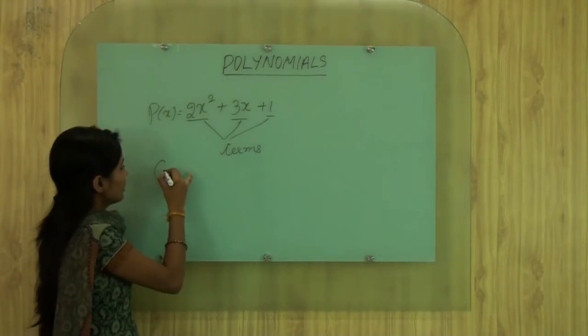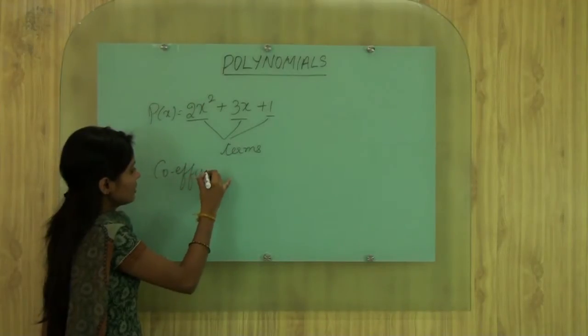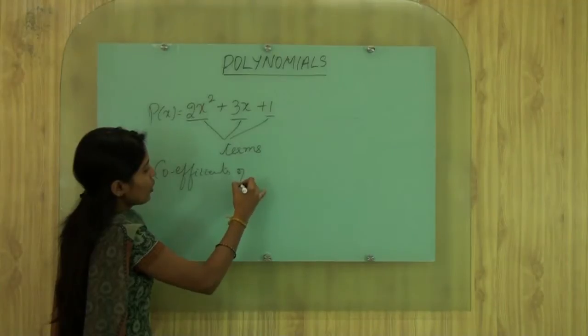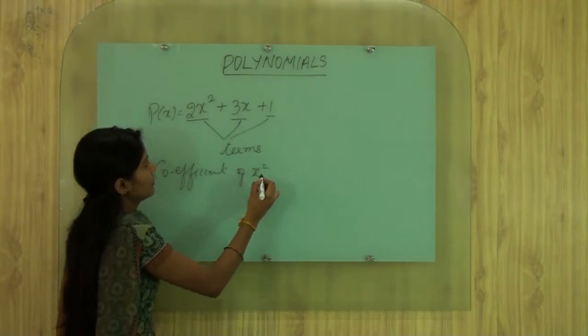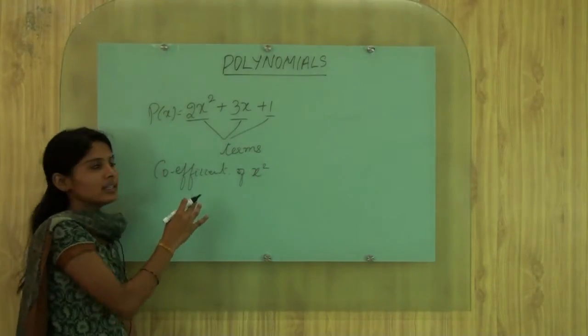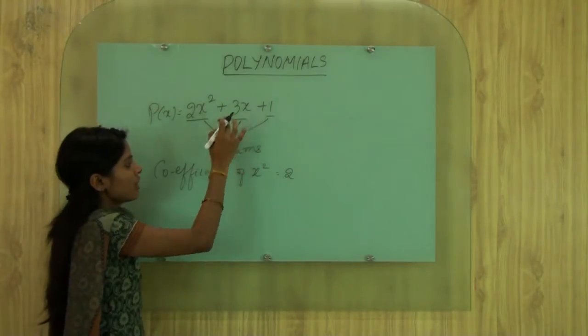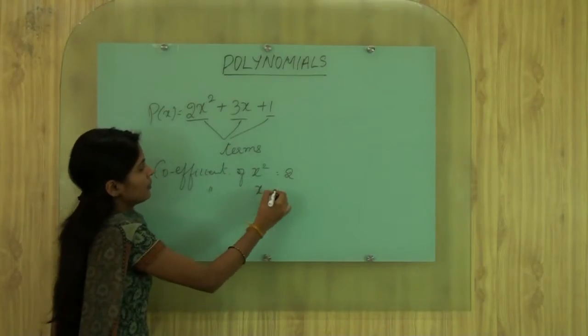Here the coefficients are: what's the coefficient of x square? The coefficient of x square is 2. The coefficient of x is 3.